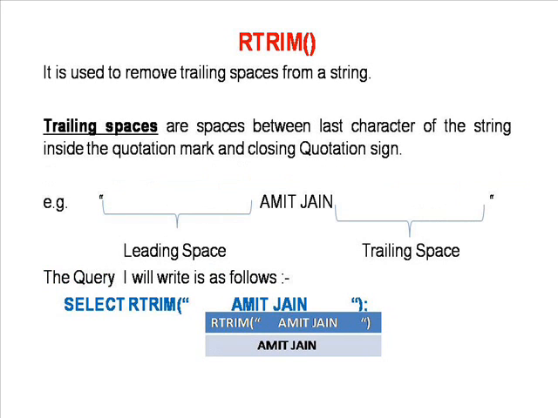As against LTrim, we have RTrim. It is used to remove trailing spaces only from a string. What are trailing spaces that we have seen with trim? Trailing spaces are spaces after the last character in the string and before the closing quotation sign.